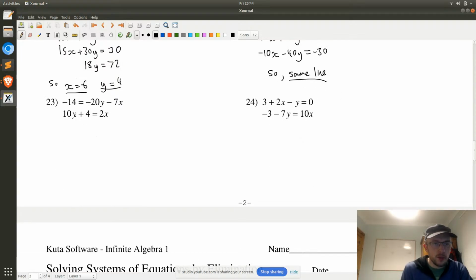Okay. Rearrange. Negate. Better. Now, bottom by 2. Okay, add to that.